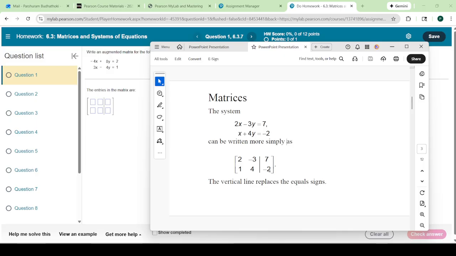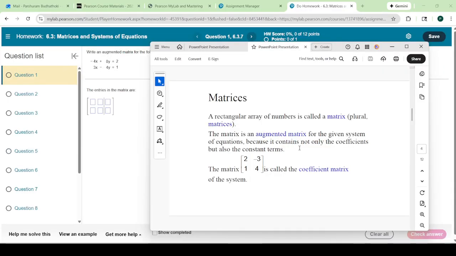The second row comes from the second equation, and this form is called a matrix. These vertical lines are the columns, the horizontal lines are rows, and this vertical line separates the left side and right side. So what is a matrix?